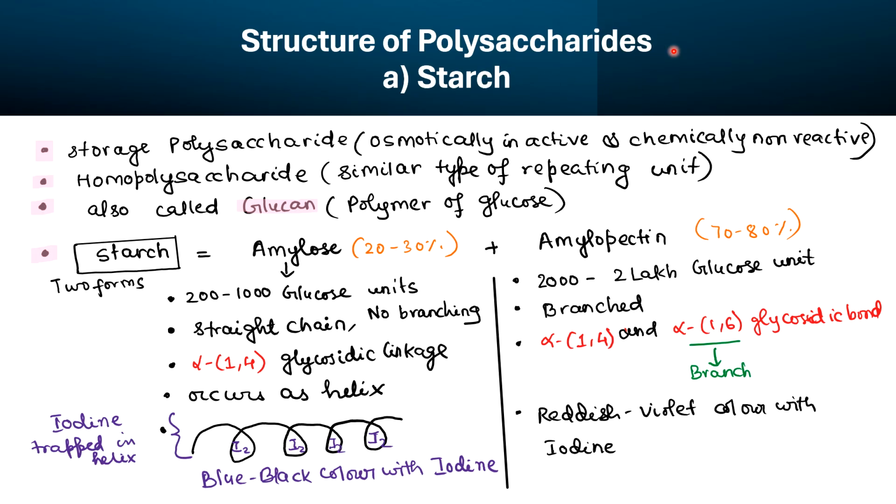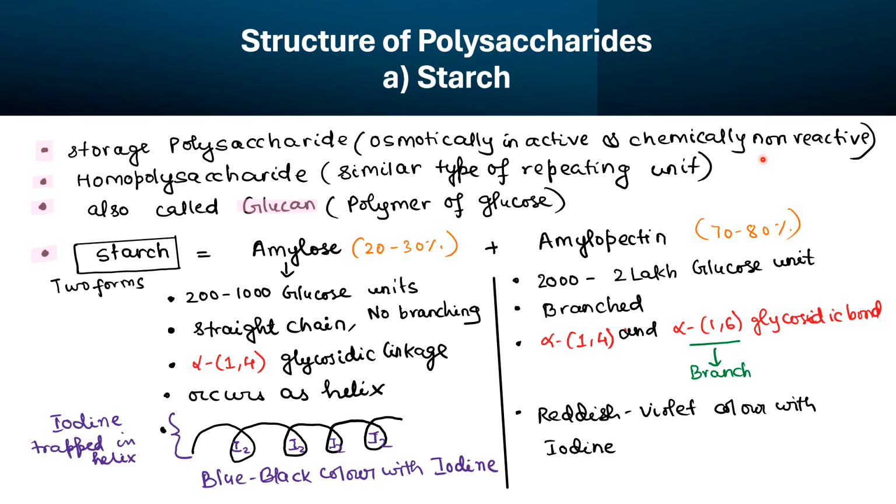Now, if we consider both animal and plants, the main way in which energy or glucose is stored in our body, or in case of plants, is polysaccharides. Why? Because of their structure, they are osmotically inactive and chemically non-reactive.